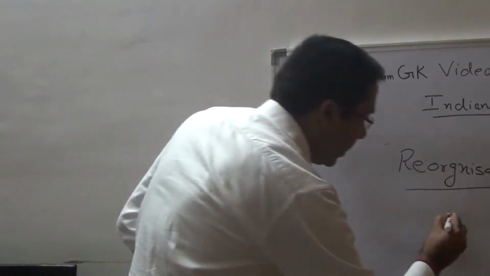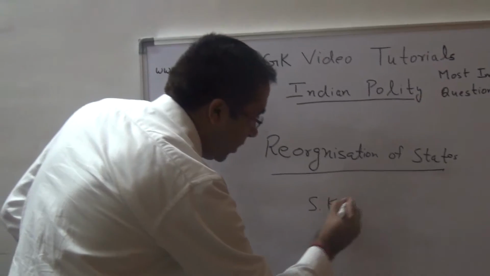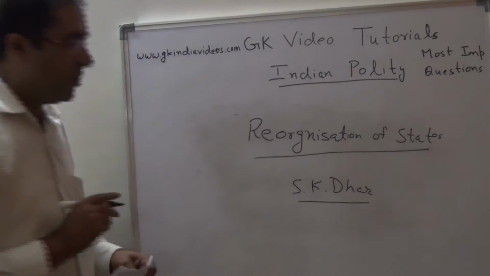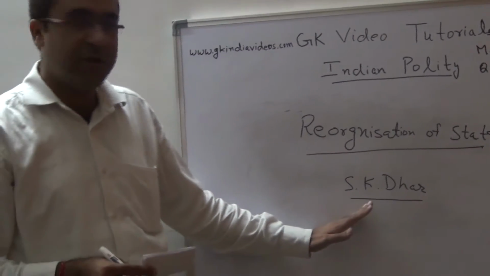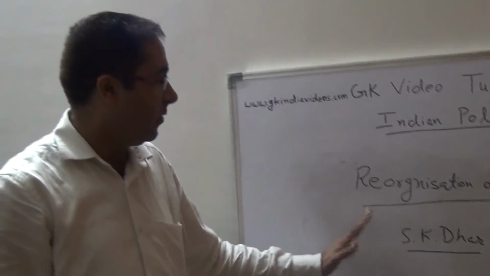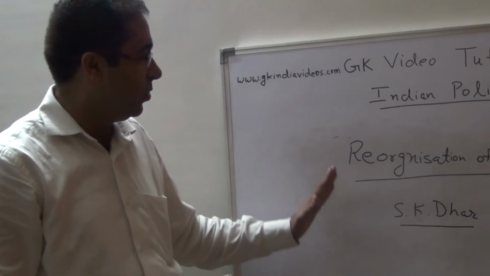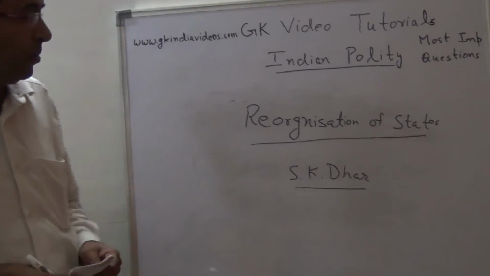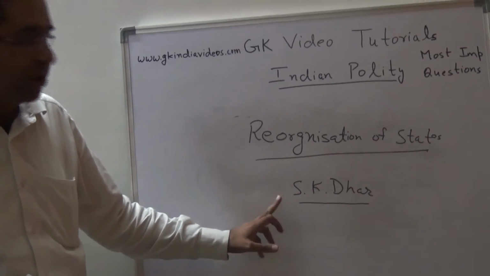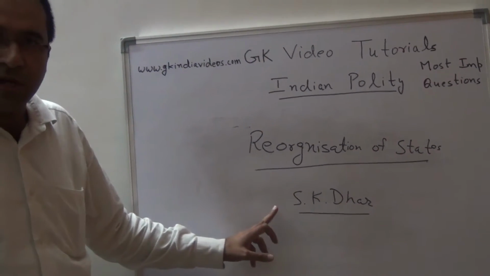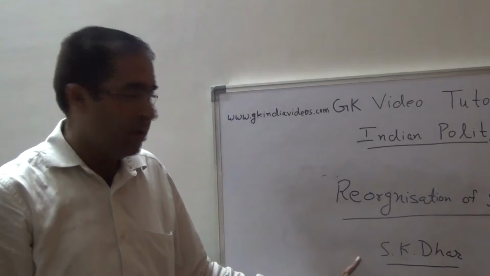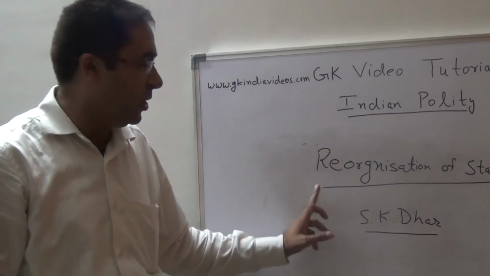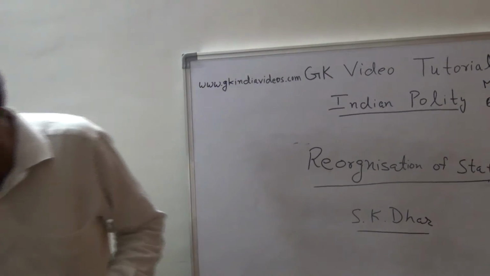It was the S.K. Dhar Commission. We have to remember this name. This was the first commission appointed by the Indian government after Indian independence for reorganization of the states on linguistic basis. But the S.K. Dhar Commission did not favor reorganization on linguistic preference, so it considered only administrative convenience for the reorganization of states.